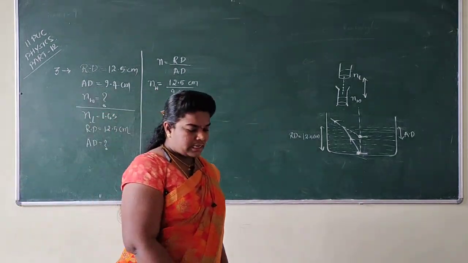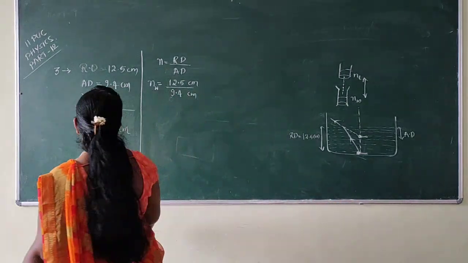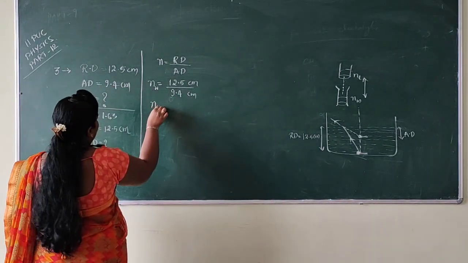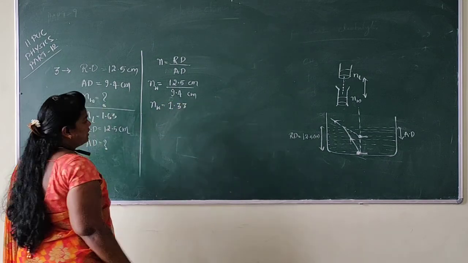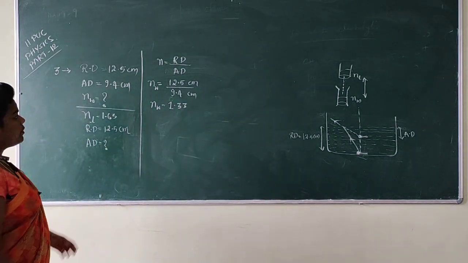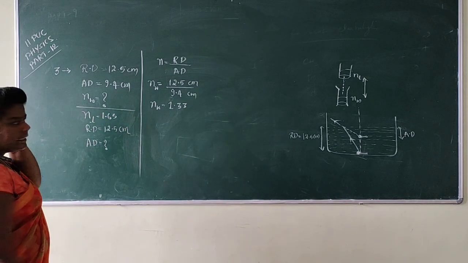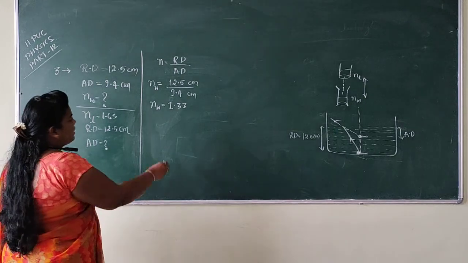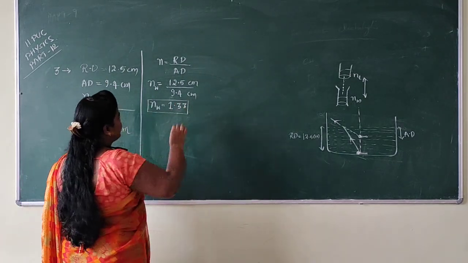My dear students, just by dividing it, that is 12.5 divided by 9.4, you get that the refractive index of water is 1.33. It does not have an SI unit because both real depth and apparent depth have the same unit. They cancel with each other. Finally, you will get the refractive index of water is 1.33.